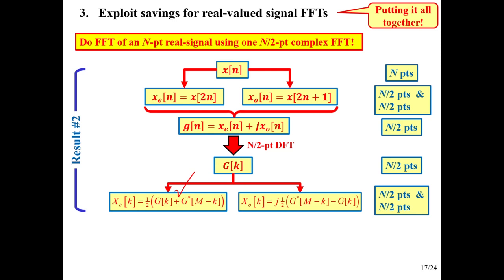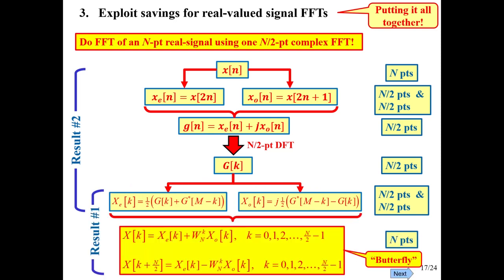And now I need to extract the DFTs that I want. And so here are our two little clever equations that we came up with. And so I've got an N/2-point and an N/2-point DFT. Those are the two things that I want, but that's just the first part of it. Now we have to use the first stage of a decimation-in-time FFT algorithm to fuse those back into the full N-point DFT.